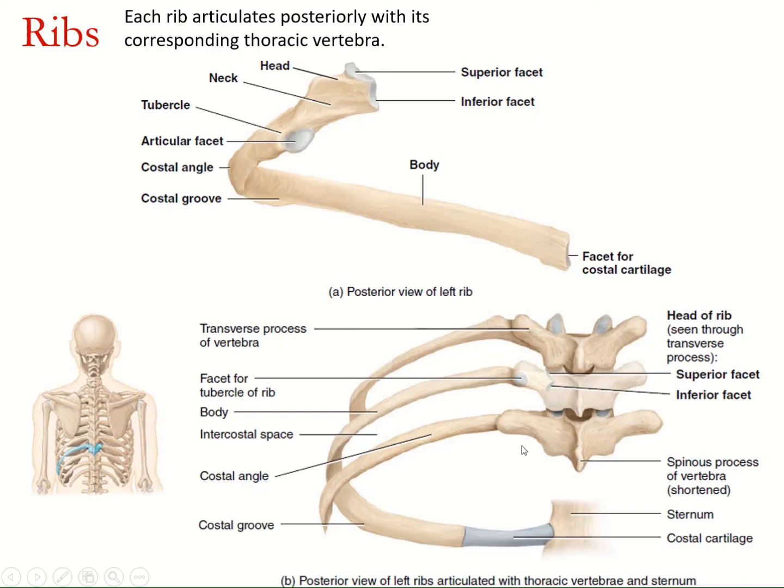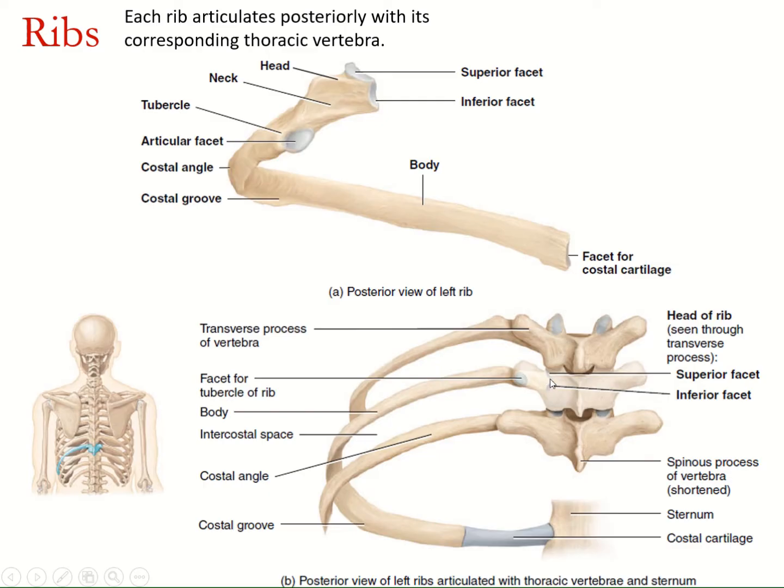So here you could see a posterior view, the spinous processes of your thoracic vertebrae. Here you could see the transverse process. The transverse process has been removed so that you will be able to appreciate more the articulation of the tubercle and the head of the rib.